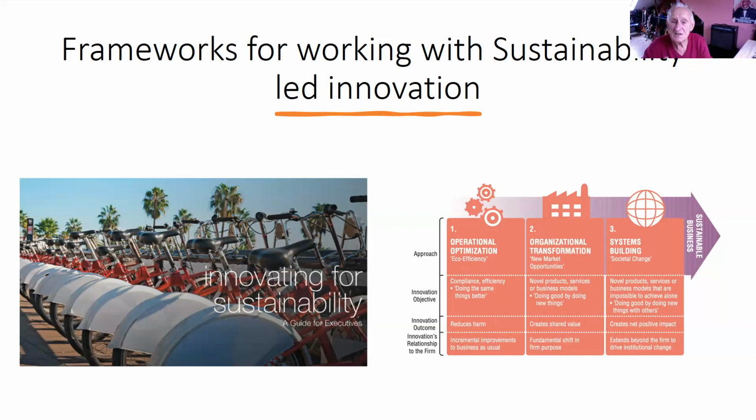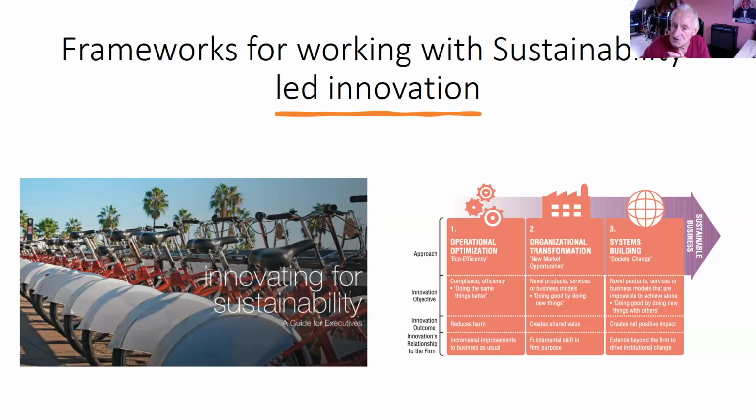It's creating new value and shared value, but it does fundamentally challenge the purpose of the enterprise. Way back in the last century, to the turn of the millennium, very few organizations, you could think of The Body Shop, founded by an eco-entrepreneur, Anita Roddick. You could think of Ray Anderson and Interface Flooring, but there weren't many. Now, of course, we've got an increasing number of organizations in that space.